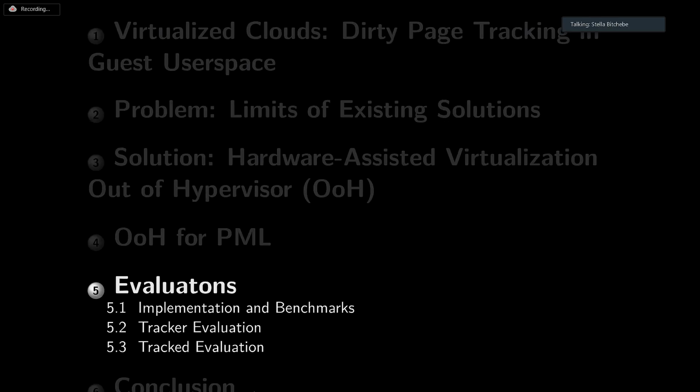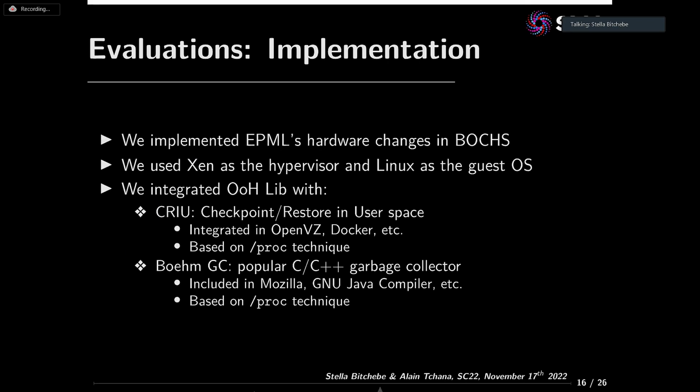So to evaluate these two solutions, we implemented extended PML in the Bochs emulator, which is an Intel architecture emulator. We used Xen as the hypervisor and Linux for the guest operating system.